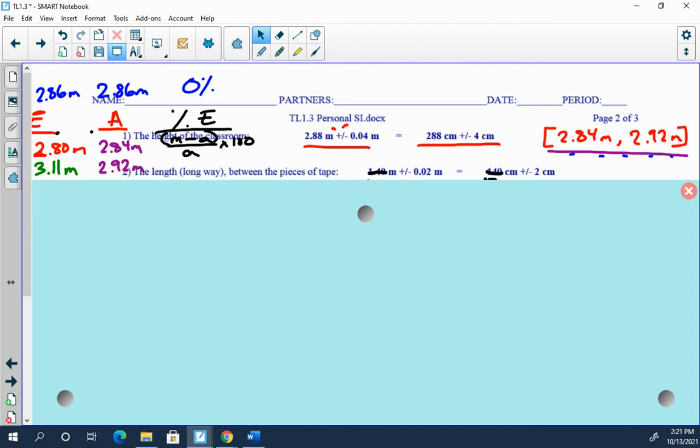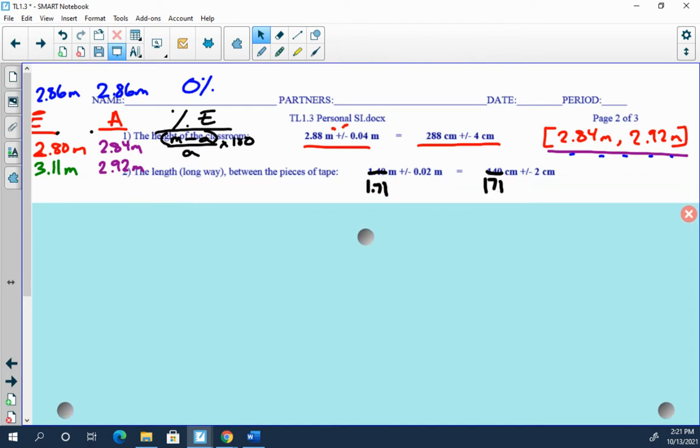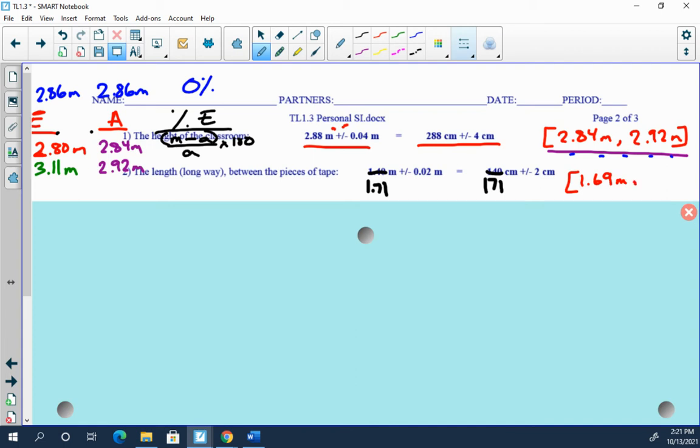So the classroom, there was the range. The pieces of tape, 1.71 meters plus or minus 2 centimeters. So the accepted range here is from 1.69 meters to 1.73 meters. Again, if you did this in centimeters, that's fine. 169 to 173.